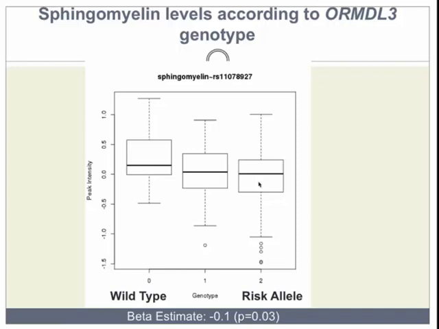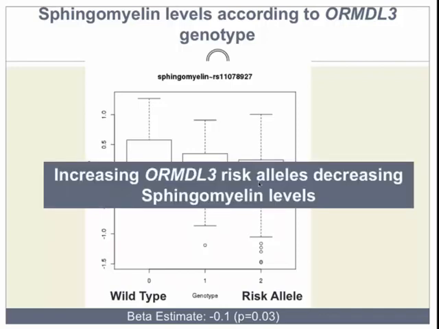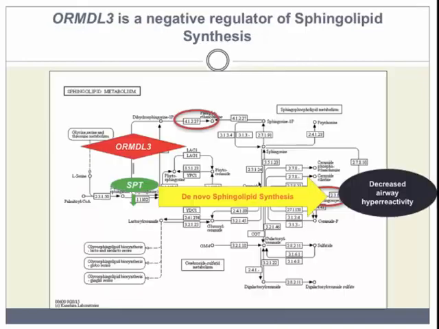Okay, so that's talking about the genetics with the metabolomics, but let's now add on the next layer of complexity. So here we just summarize: increasing ORMDL3 risk alleles is associated with decreased Sphingomyelin levels. Okay, so here's a picture of that. So ORMDL3 is here.